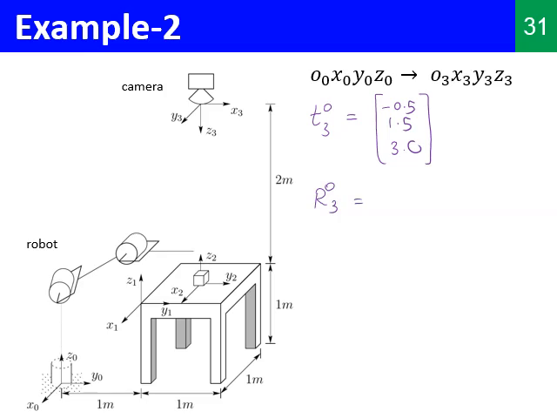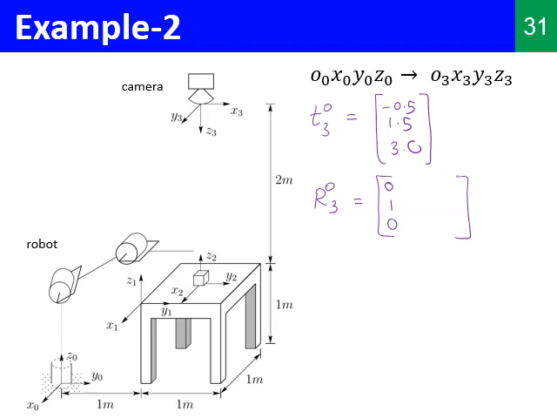Now we can do that by inspection, so that means we can find where these axes are pointing with respect to 0th frame. So we first take x-axis, so it points towards y-axis, right? So that means our first column should be 0, 1, 0.